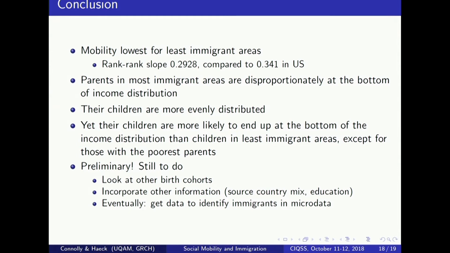Other points to take away are that the parents in the most immigrant areas are disproportionately themselves at the bottom of the income distribution. Their children are a bit more evenly distributed. So I think that's how you see some higher mobility for immigrants in that situation.